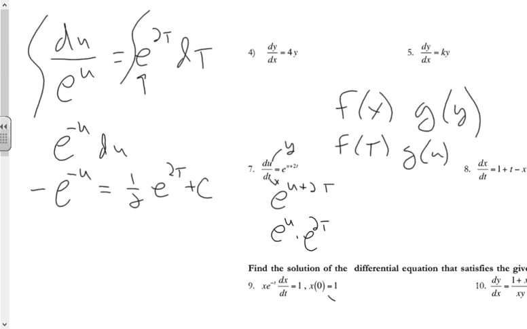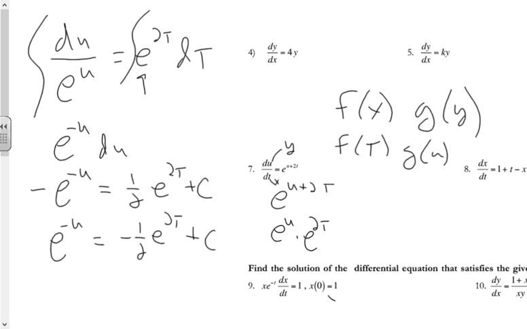Now if we want to solve this for u, which is our y, I'm going to divide both sides by negative 1. So that'll give me e to the negative u equals negative 1/2 e to the 2t plus c. Remember, c could be negative, that doesn't matter.